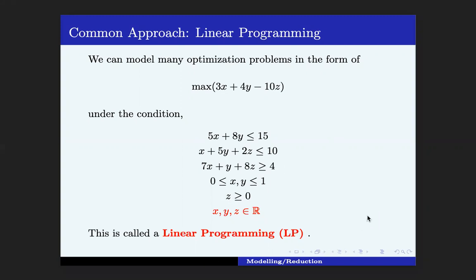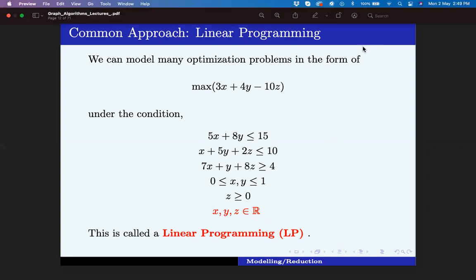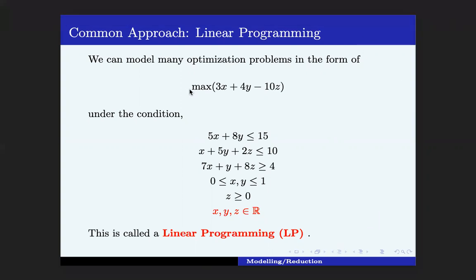I can give you a mathematical formulation: this is the dot product of a vector with a variable vector, and this is a matrix inequality. But we don't even have to go into all of that. You maximize or minimize under constraints which are all linear, and x, y, z are real numbers.